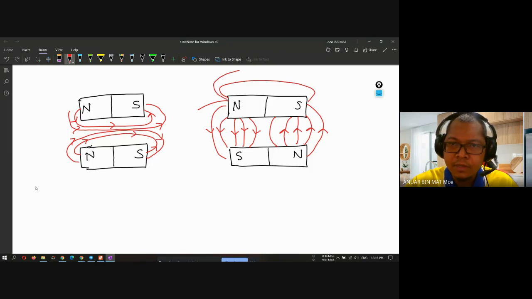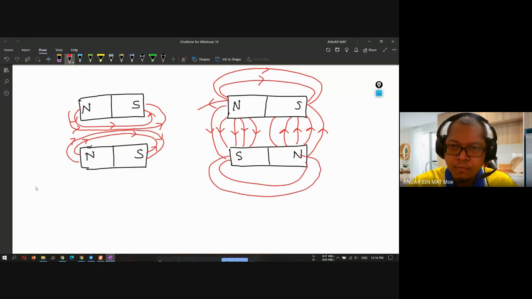Then for the other magnetic field line, we just draw it like this. This one also goes like this, from north to south. Can you understand?